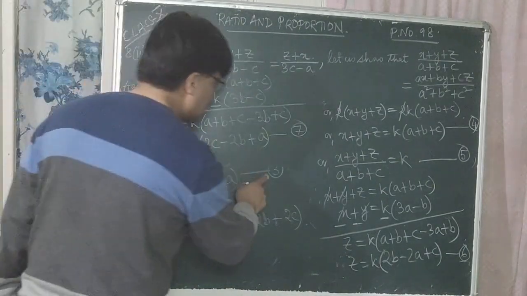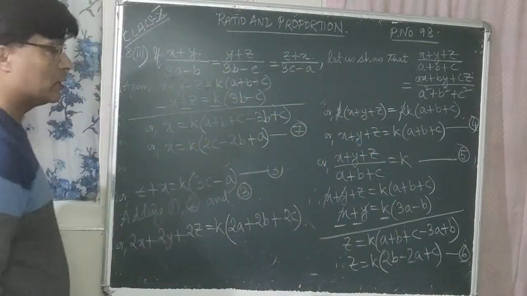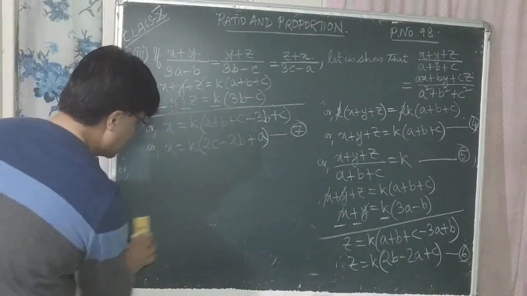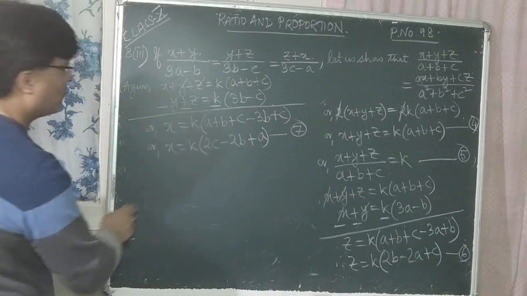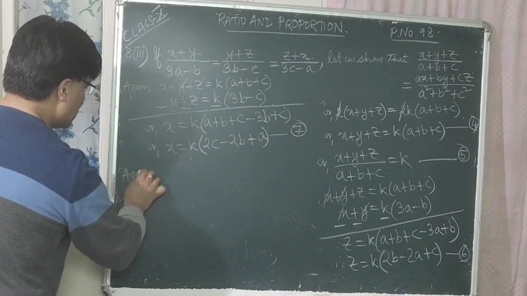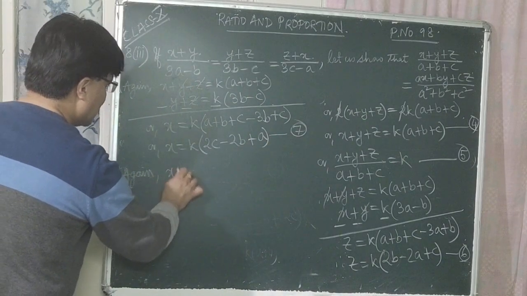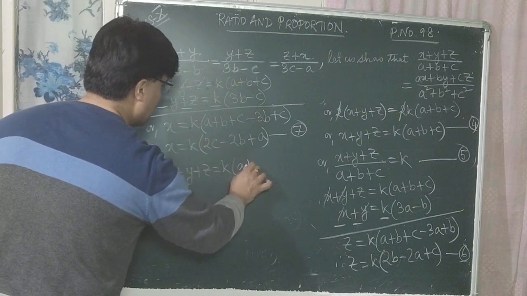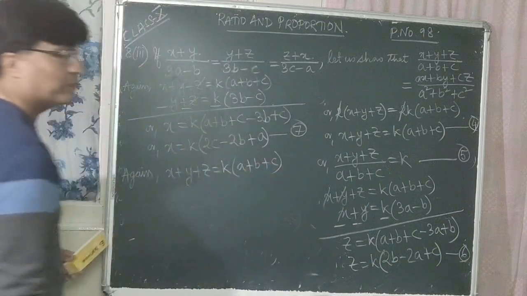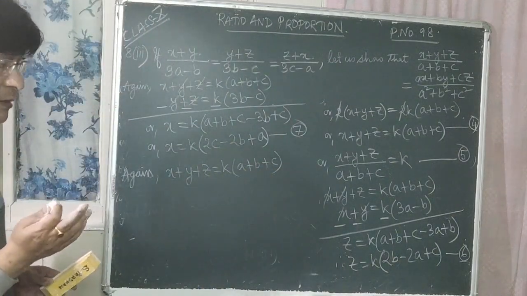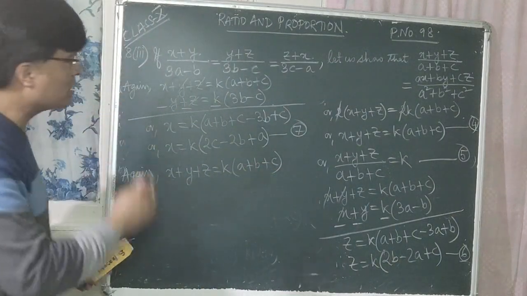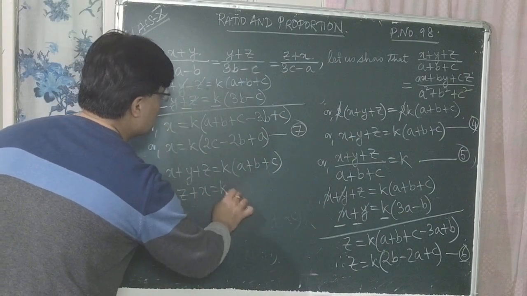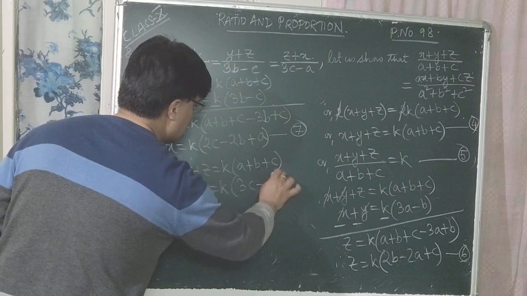Now let us subtract number 3 from 4 to get the value for y. Again, what is number 4? X plus y plus z is equal to k into a plus b plus c. And you have to subtract 3 from 4. Number 3 is z plus x is equal to k into 3c minus a.